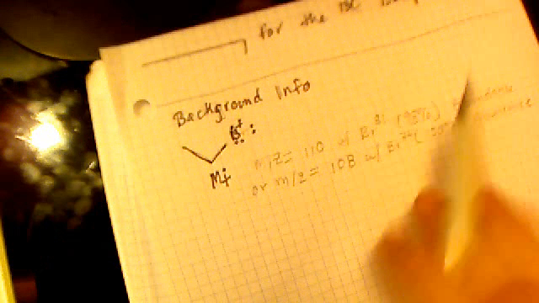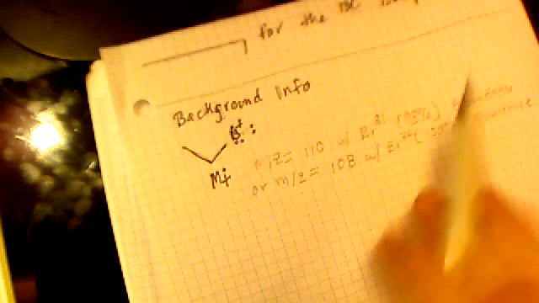So this molecule could have two mass to charge types. You could have a mass to charge of 110 with bromine 81, which I said was 98% of the population.